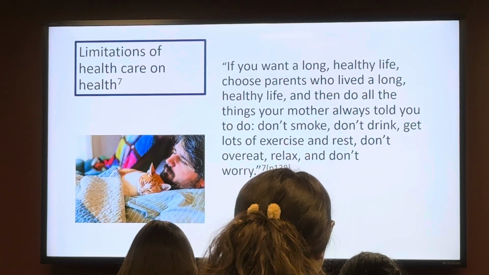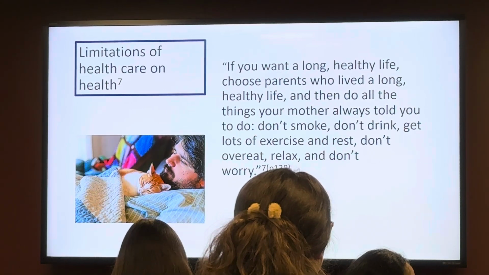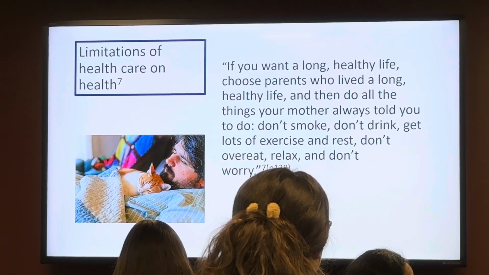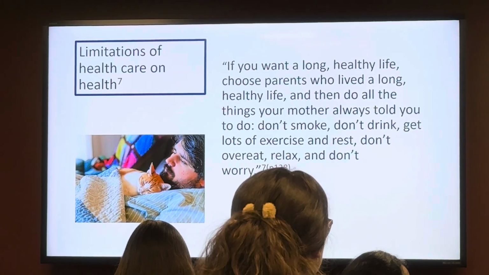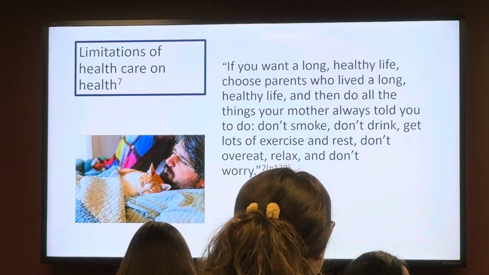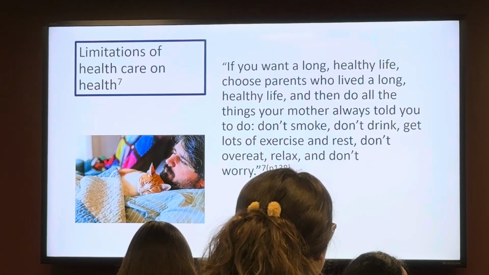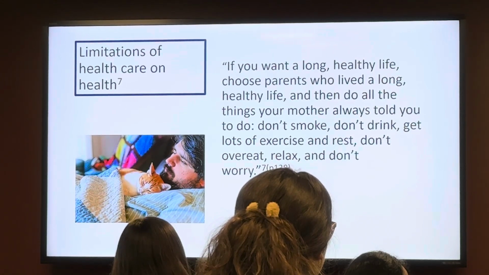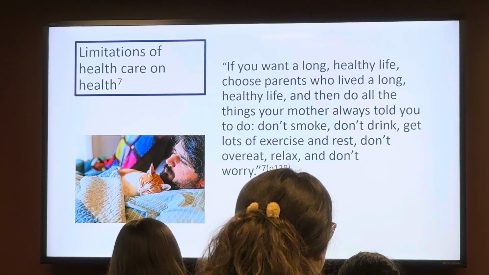One problem is you can't choose parents. You can't choose your genetics, right? You may grow up in an environment where everybody smokes, everybody drinks, they don't have access to good food, they can't go outside and walk even for exercise, and they may live in an environment that is highly stressful for whatever reason.